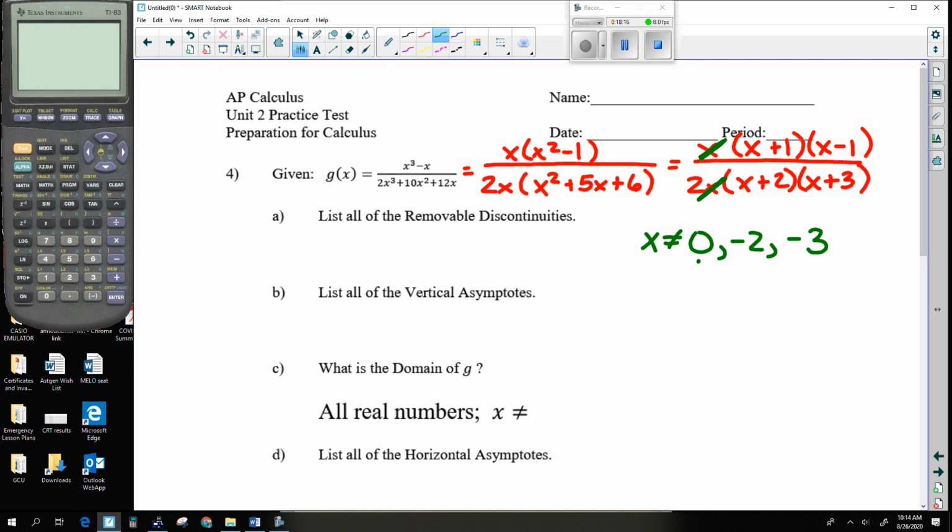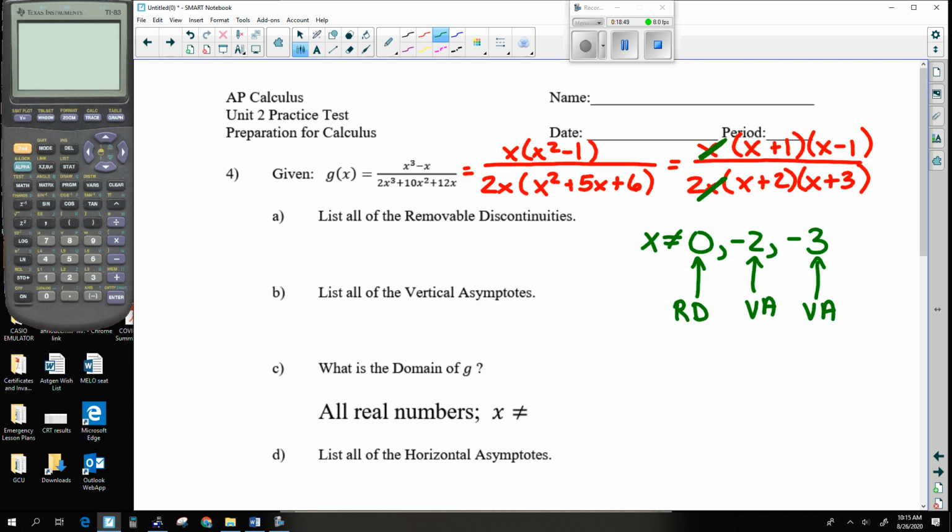So that indicates that that is a removable discontinuity and that these two are vertical asymptotes. If you can remove it, it is a removable discontinuity. It's still not in the domain, you still can't make x equal to 0, but it will be a hole in the graph as opposed to a vertical asymptote.